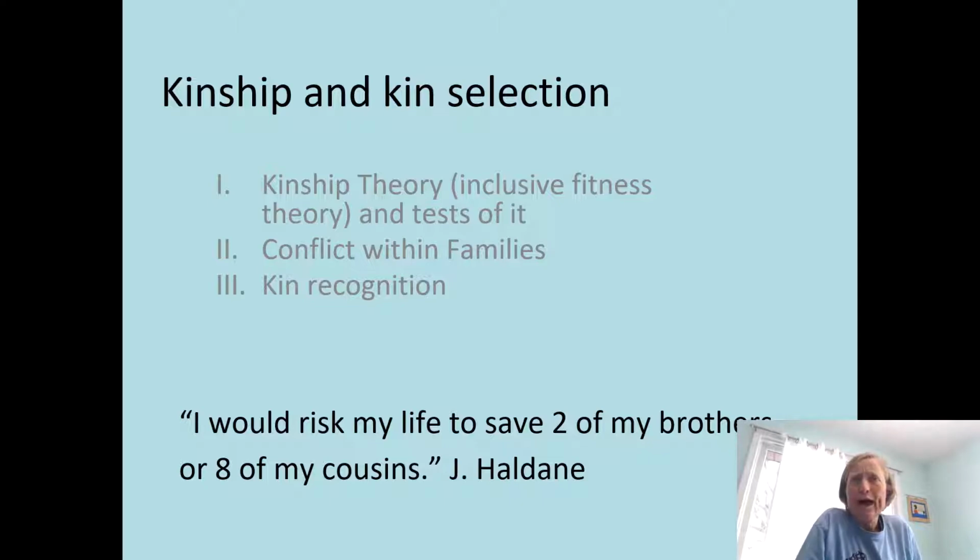And we might wonder, how did this evolve? Why is it that scrub jays would forego their own reproduction or potential reproduction to help their parents raise other individuals, their siblings, at the nest? Kinship theory and kin selection can help us understand this. And that's why we're going to take a look at it today.